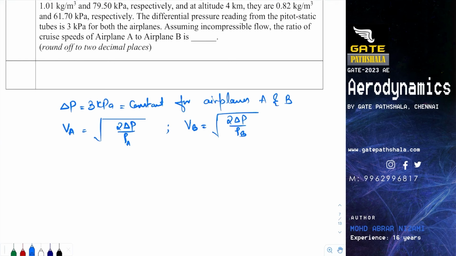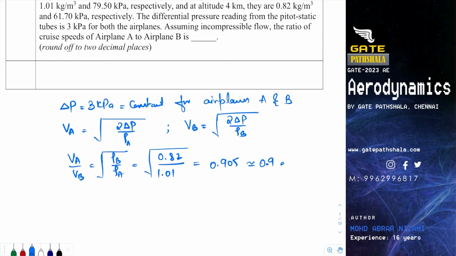We were asked to compute the ratio of VA by VB, which from the above two equations will be root of rho B by rho A, which you can write as root of 0.82 by 1.01, which happens to be 0.905. Rounded off to 2 decimal places, the answer should be 0.9, or you can write 0.91 also. So I would put here 0.9.